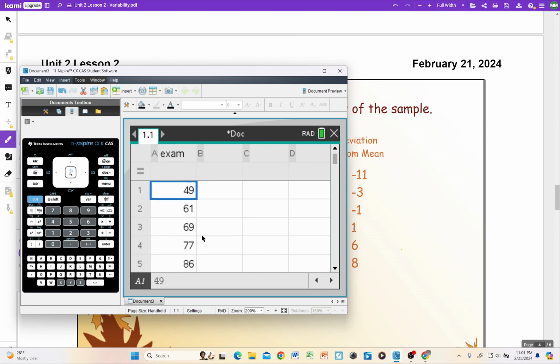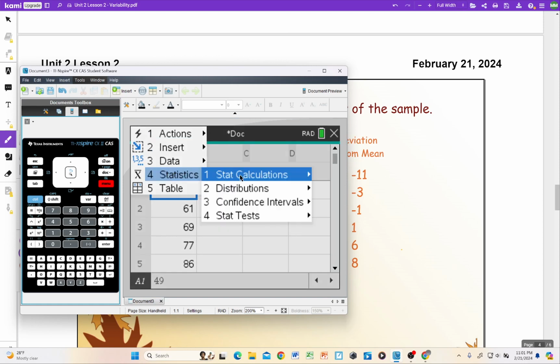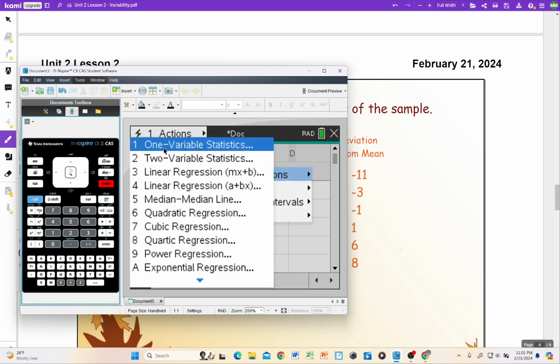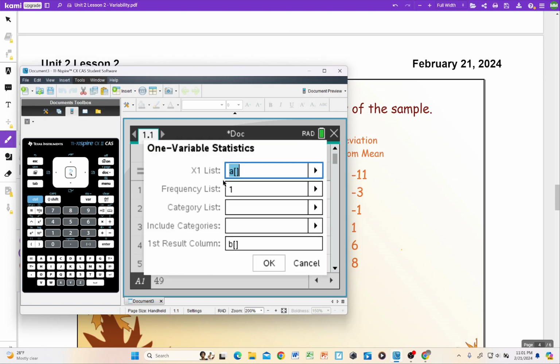Here's my data. Suppose I want to find some summary statistics about a data set. All I got to do is press the menu button, go down to statistics, stat calculations, and one var stats. It's going to run you through a list of options, number of lists. I only have one list.